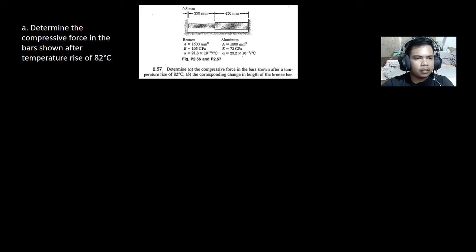In letter A, determine the compressive force in the bars shown after temperature rise of 82 degree Celsius. So let R be the compressive force in the bar.